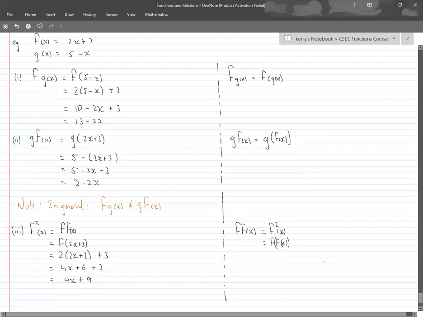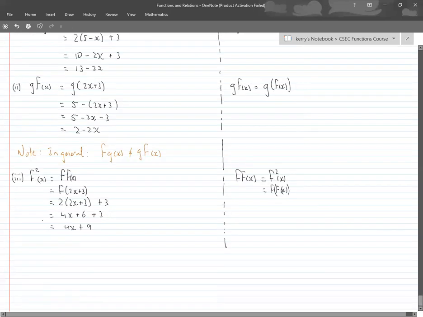Now g is 5 minus x. So if we were to do the same thing for g, part 4, suppose they ask us for g squared of x. This means that they want g of g of x. And again, g of g of x means you are substituting g of x into itself.